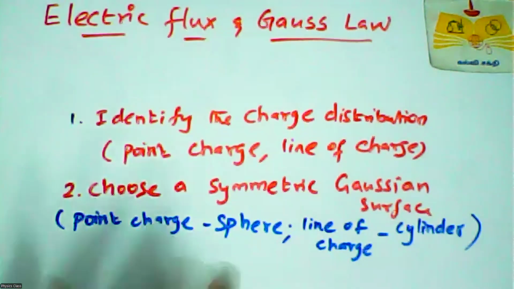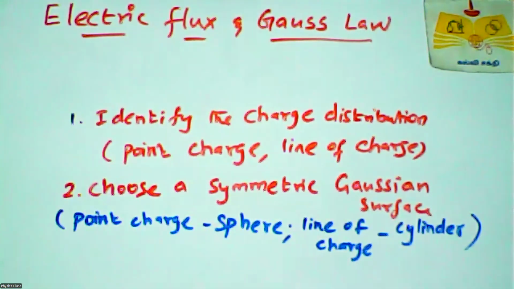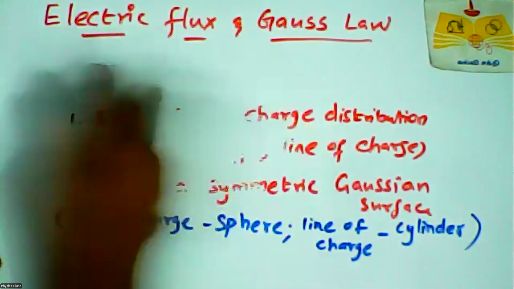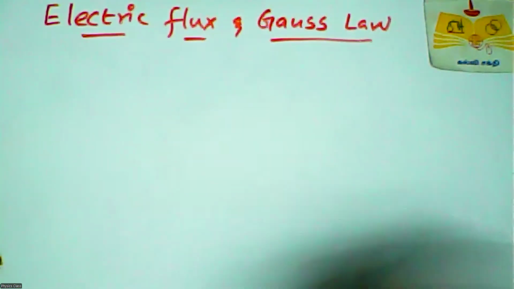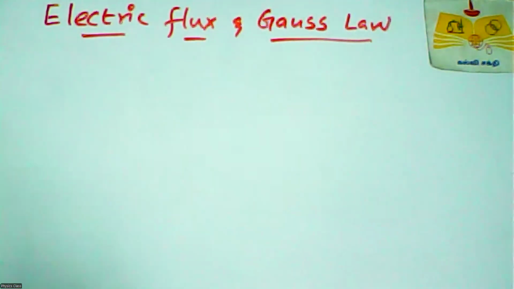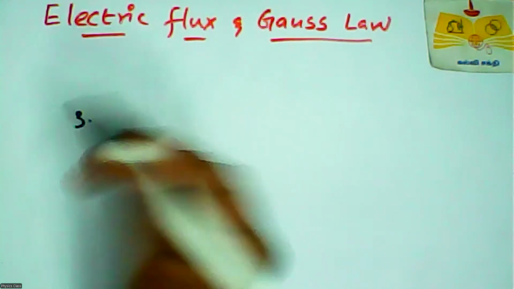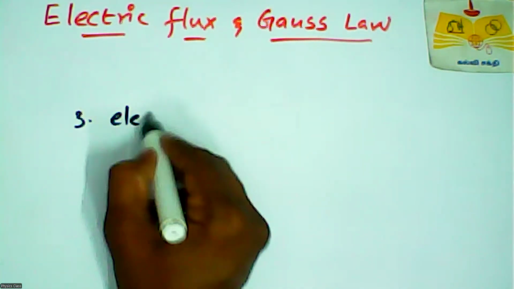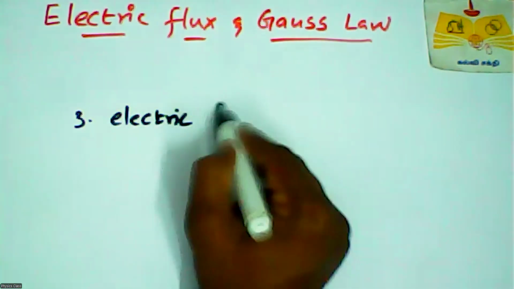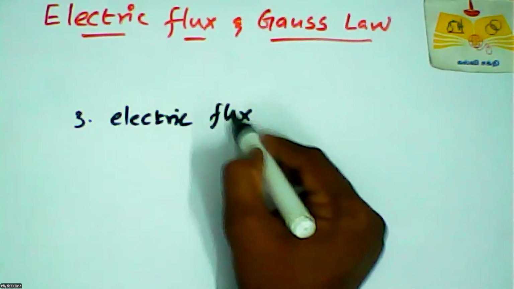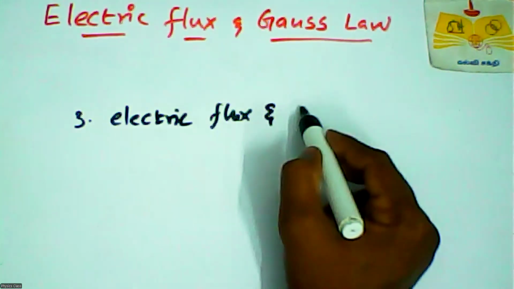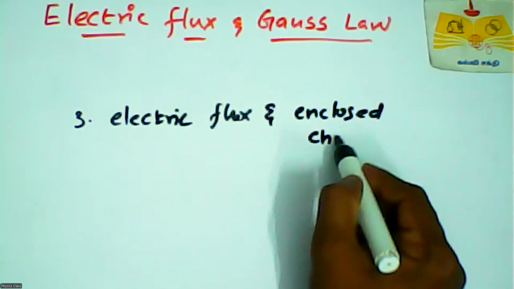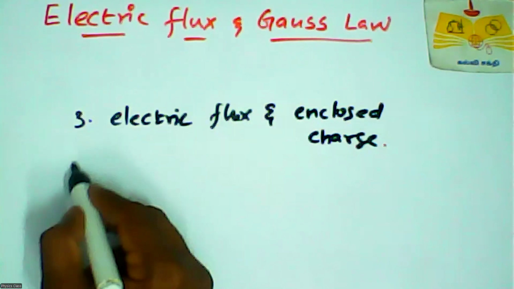Okay, third point. So first two points here. Third point, calculate the electric flux and the enclosed charge. You have to find the enclosed charge.